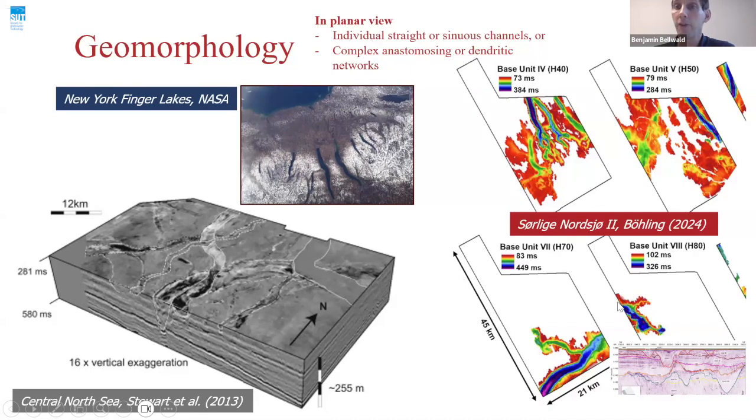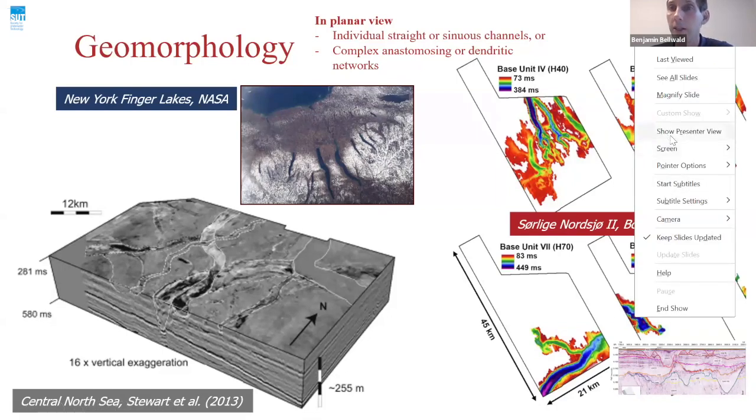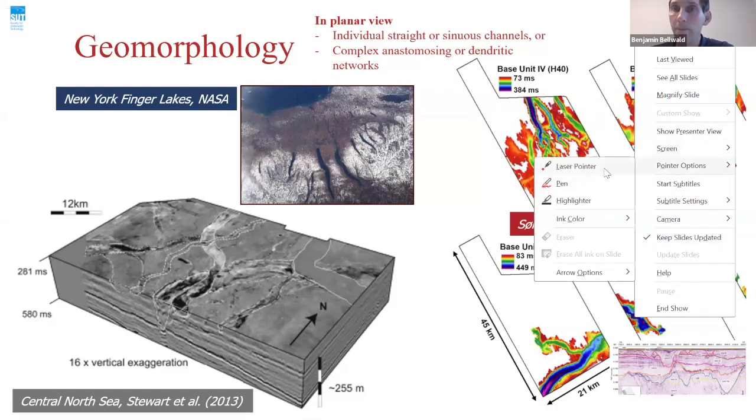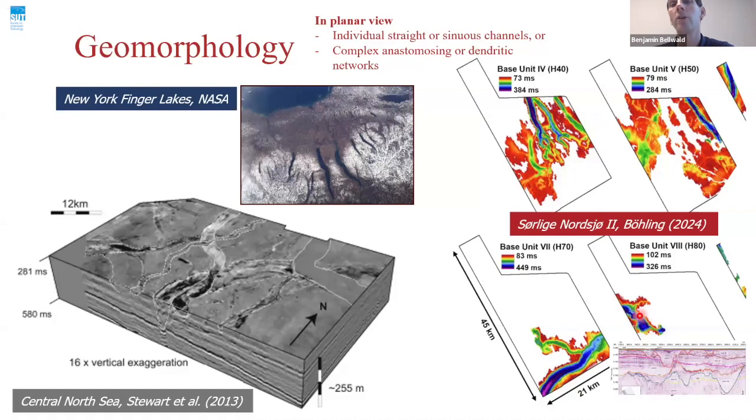In different units now, these surfaces represent different colors of the reflections. So you have a tunnel valley like this one here. Maybe I can activate the laser pointer again. So we have here a tunnel valley. Then we go some tens of meters up. Then you have a big tunnel valley going east-west. Then we jump up to the next one, and then you have one going more north-south.